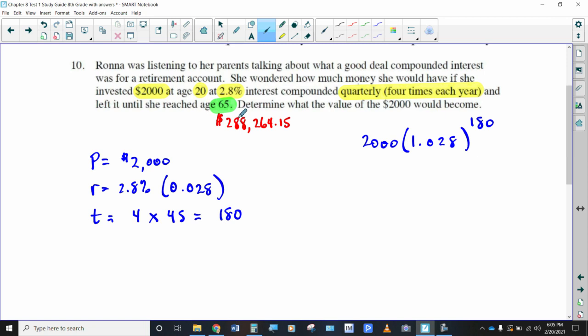Okay, so when you really think about it, like my retirement account that I have for working at the school, I'm putting in a certain amount of money every single month. Every single paycheck, a portion of my paycheck gets taken out and put into a retirement account. So I started teaching when I was 30 years old.